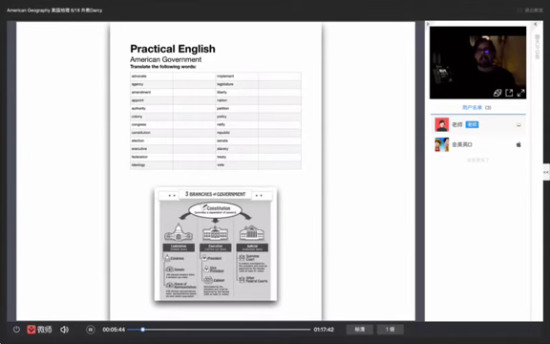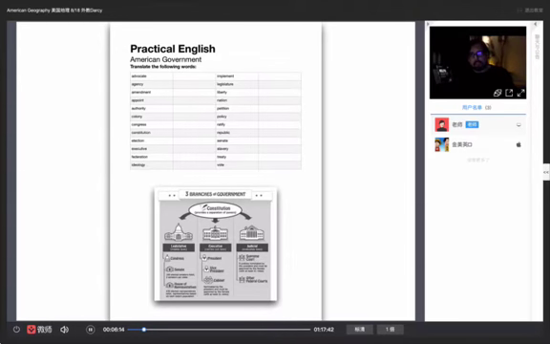Each state has this political structure or division of power, and then it works at the federal level as well. You can see three houses or three branches of government: legislative, executive, and judicial. So we're going to learn some of these terms.